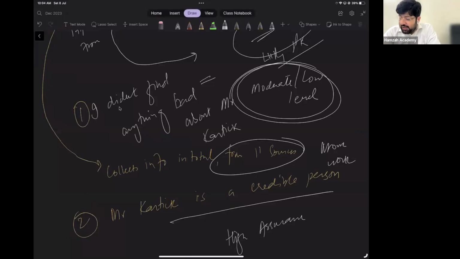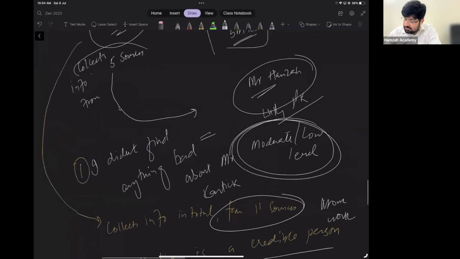Moderate level. Why? Because work is less. Or she was unable to confirm. She said information is not available, only a few sources available, so I cannot give you high level confidence. In some circumstances, this may be the case.